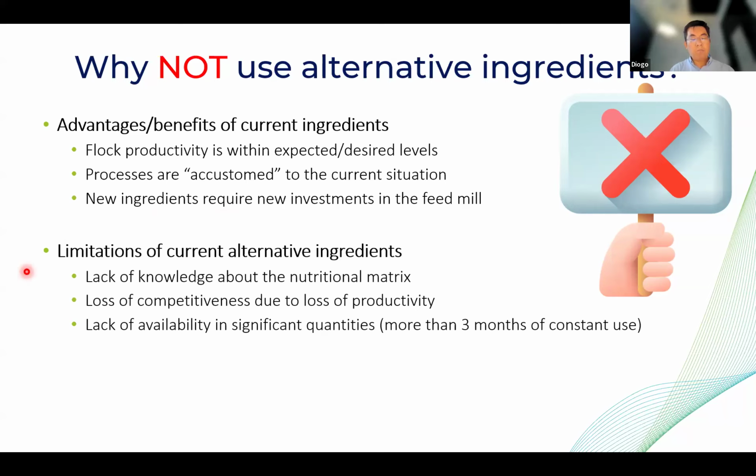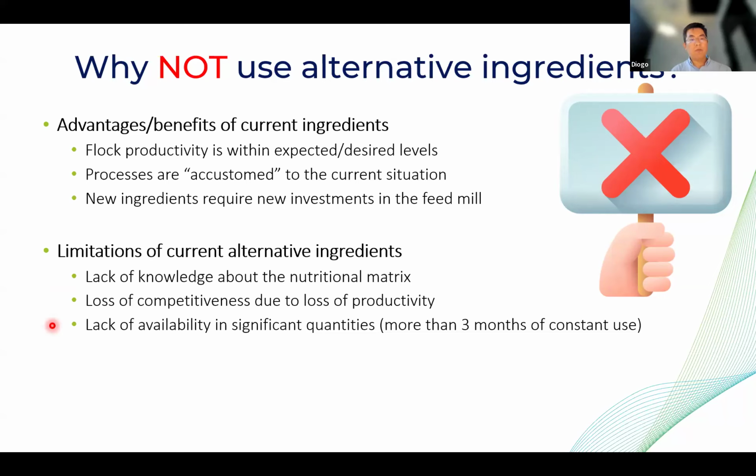Second possibility, limitations of current alternative ingredients. Sometimes we don't have all the knowledge about the nutritional matrix. Sometimes you can have some loss in productivity, also related to the lack of knowledge.